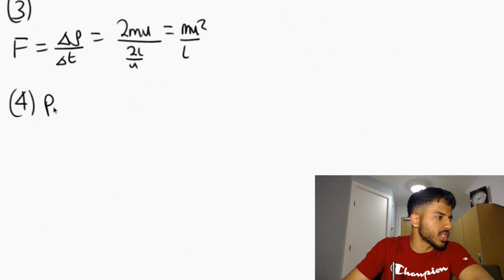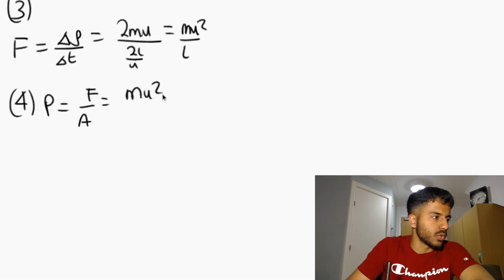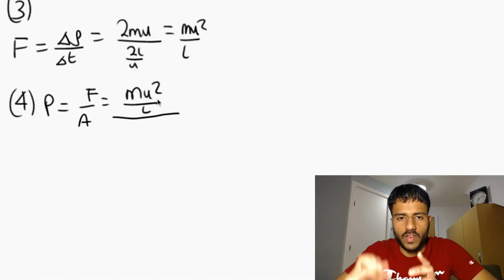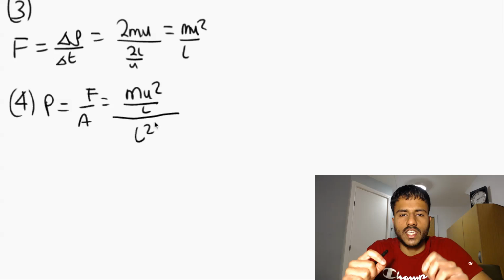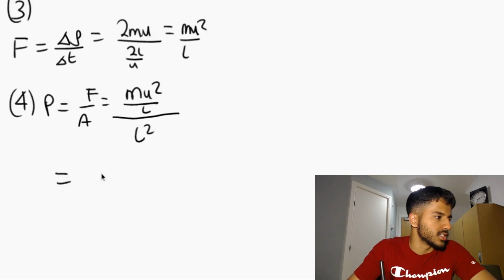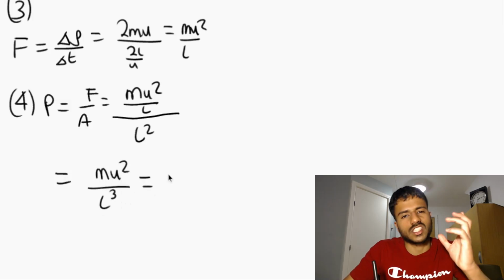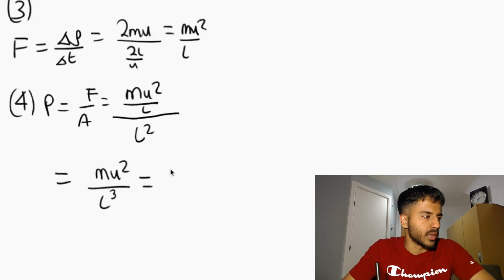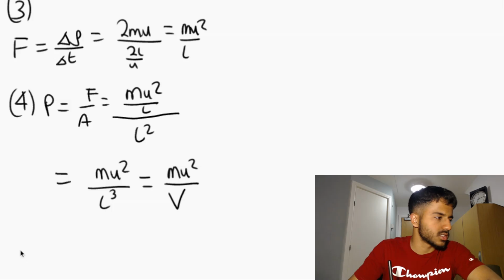Pressure is equal to force over area, so this is mu squared over L divided by the area, and the area of one of the faces is L squared, because each side of the cube has a length L. So our pressure exerted is mu squared over L cubed. L cubed is the volume of our cube, so we can write this as mu squared over V. If we rearrange, we get PV equals mu squared.